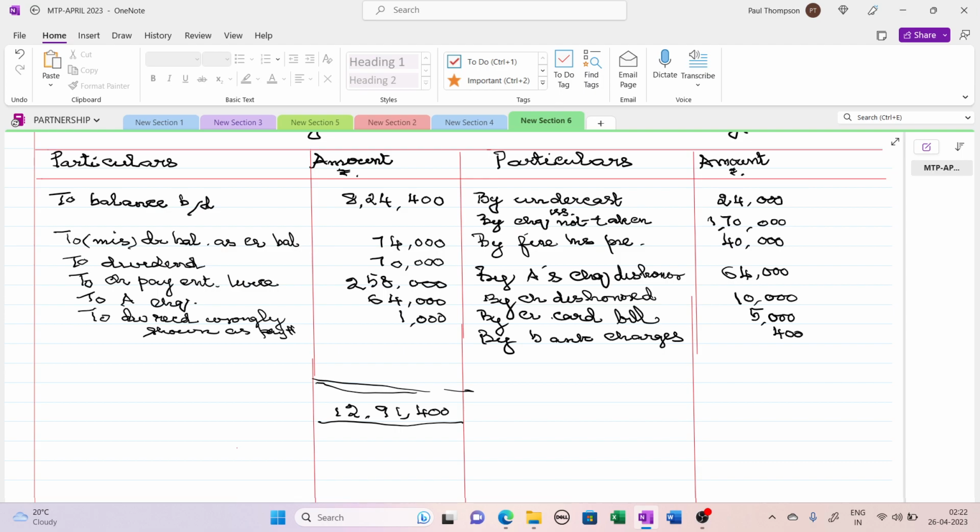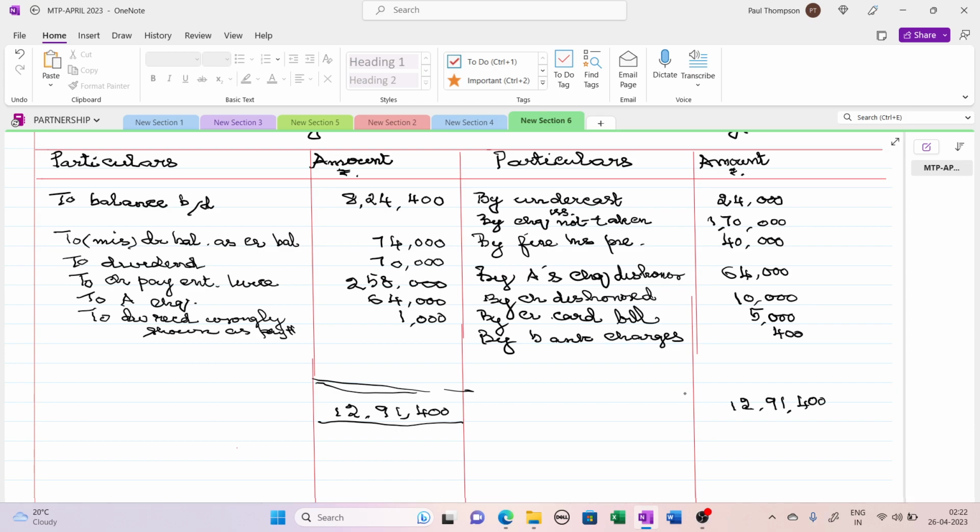12 lakh 91 400. So what is the balancing figure?